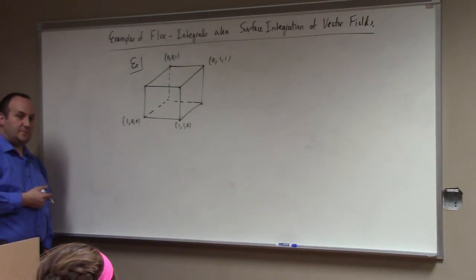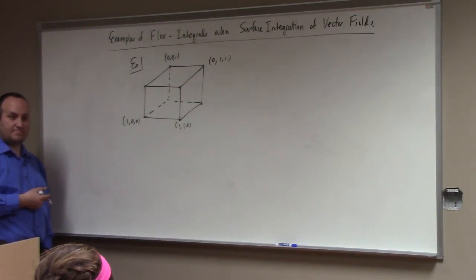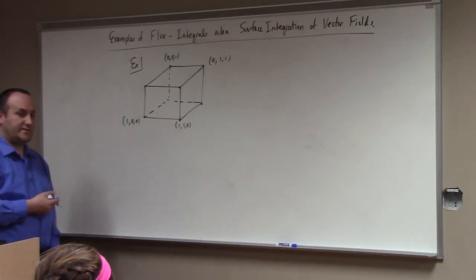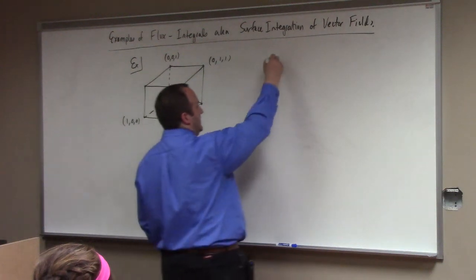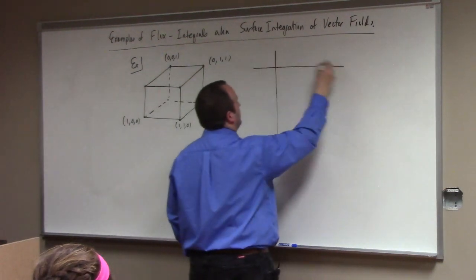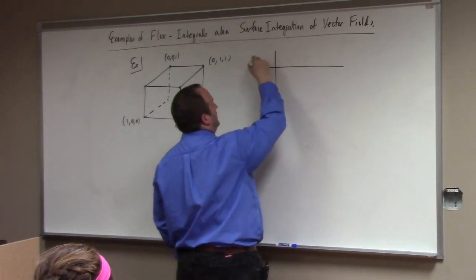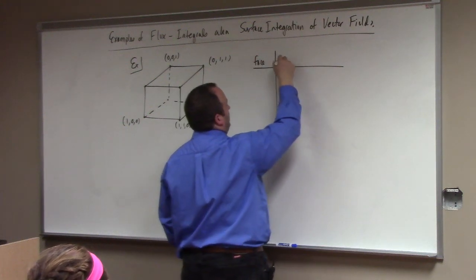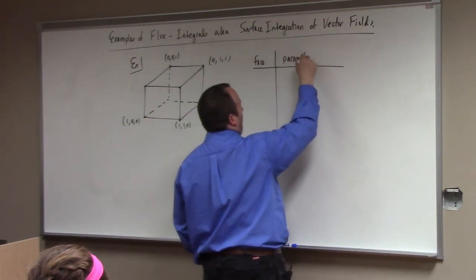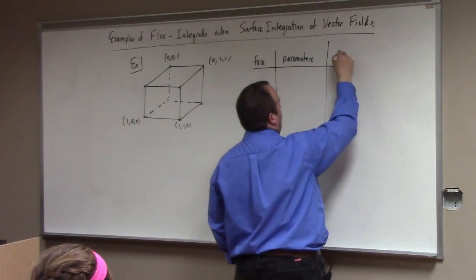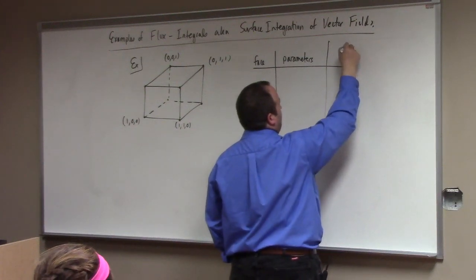Let's write down a good choice of parameters and the surface area element for each face. Make a table since there's 6 things, just to keep things organized here. So: face, parameters, and finally the S vector.